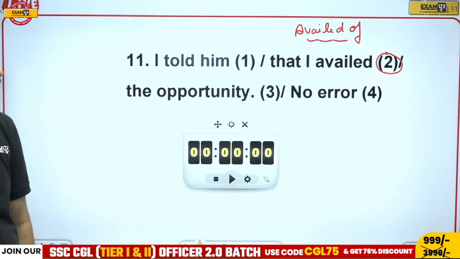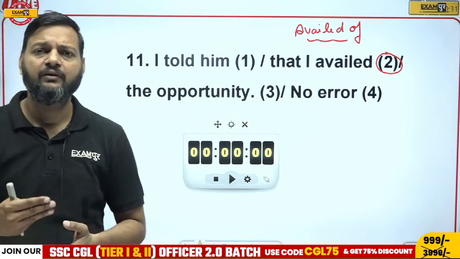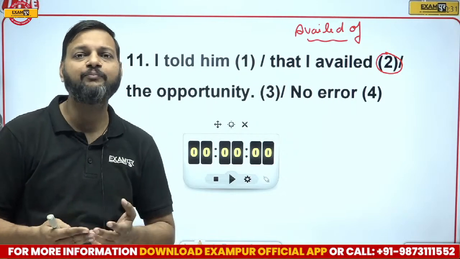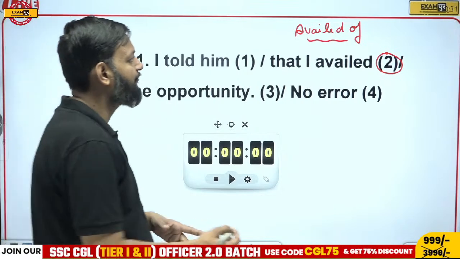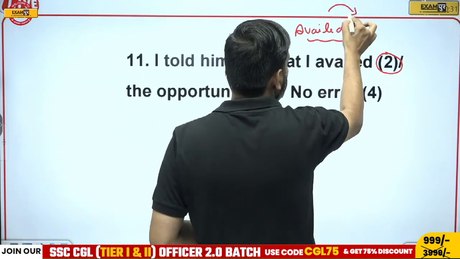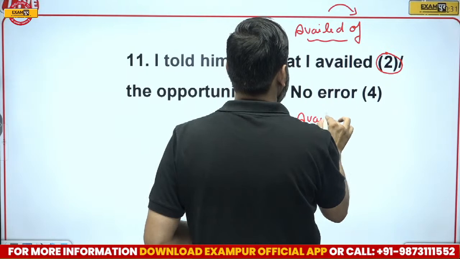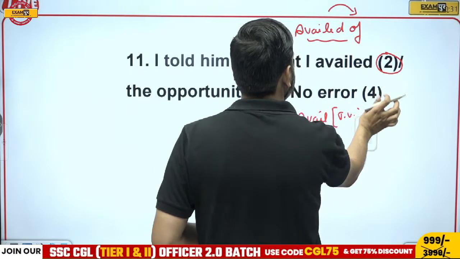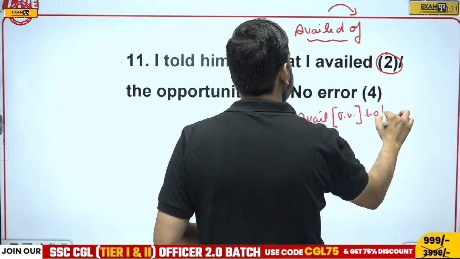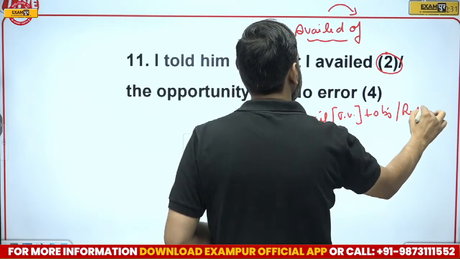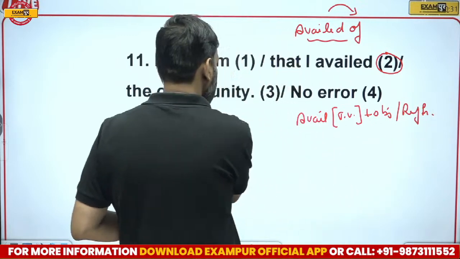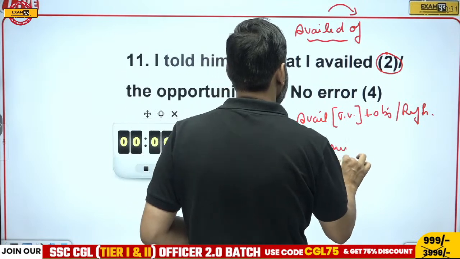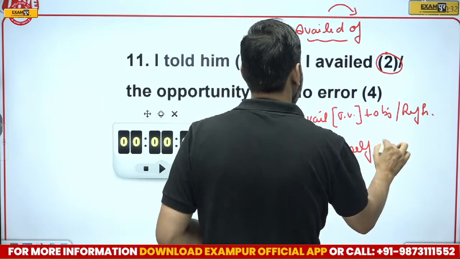And one more thing, avail is a transitive verb, so it needs a reflexive pronoun or an object after it. So availed is always followed by of, and since avail is a transitive verb, it needs an object or a reflexive pronoun, right? So it would become availed myself of.